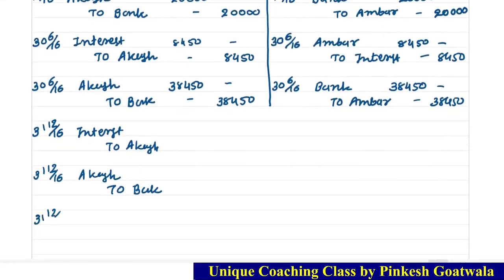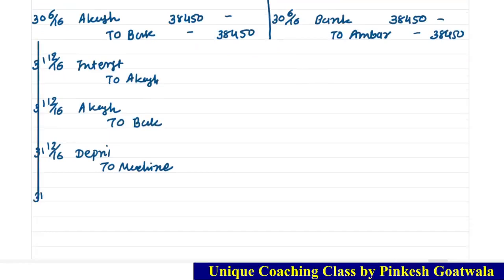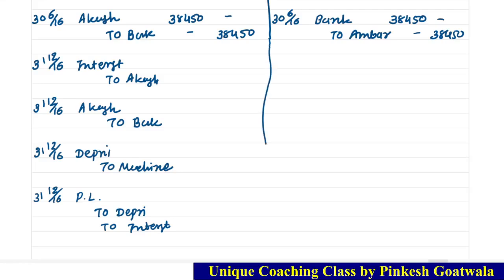Then about the depreciation: depreciation to machine. And last, transfer this depreciation and interest to PNL. We will transfer depreciation and interest to PNL. Clear? So remember this point.